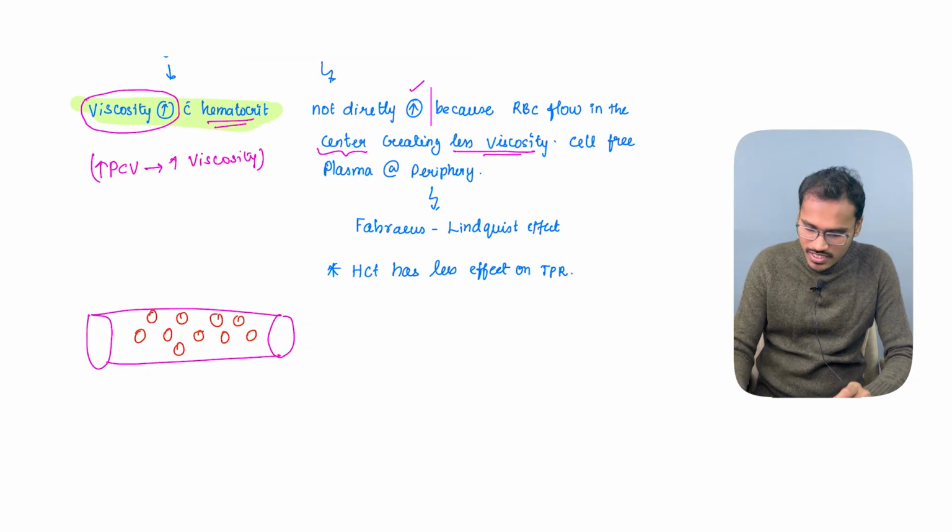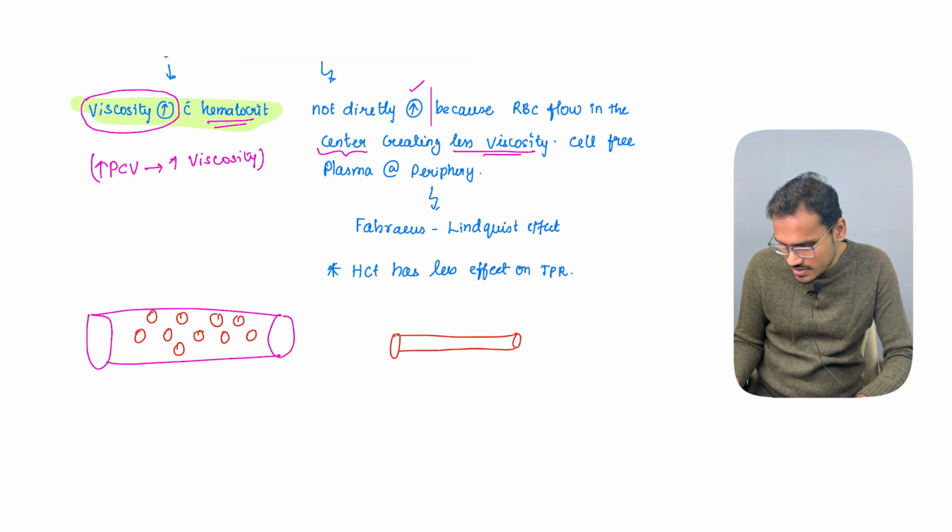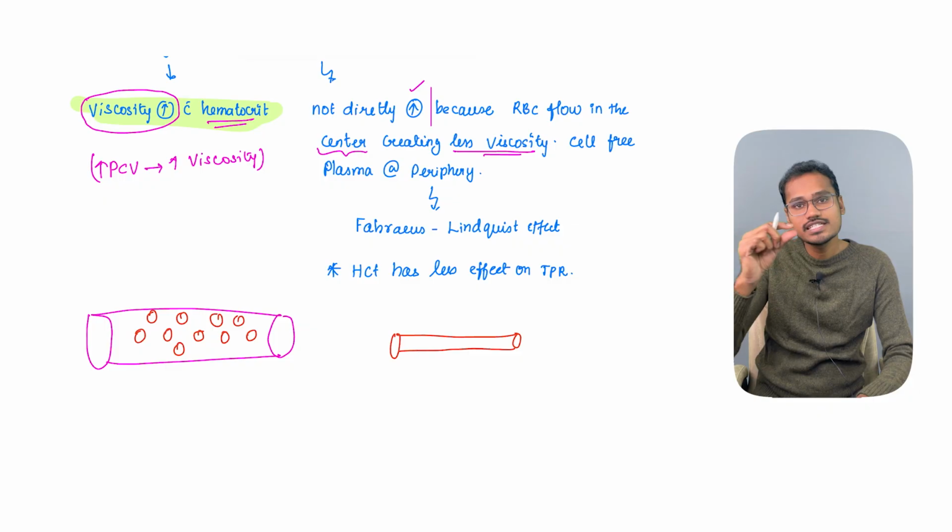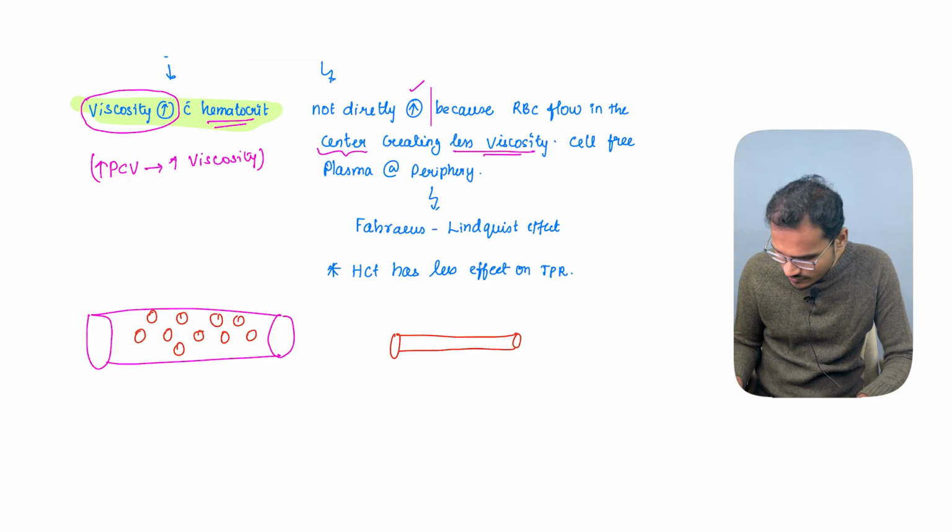But in the case of smaller vessels, the RBCs flow in a single line. If I have 5 RBCs, they go like this. If I have 10 also, they go in a single stream.